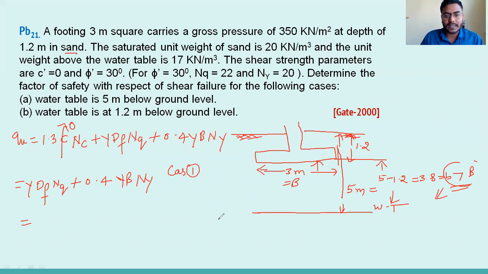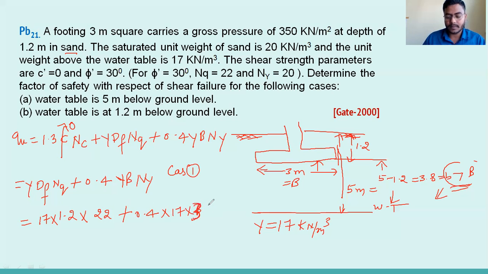In this case, gamma will be the unit weight of soil above the water table, that in this case is 17, right? So we can write 17 into depth of foundation 1.2 into NQ is given 22, plus 0.4 into 17, B is given 3, and N gamma is given 20.